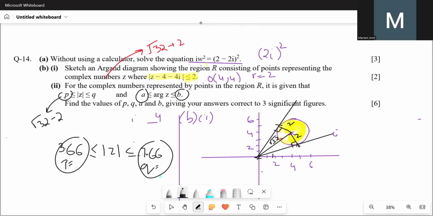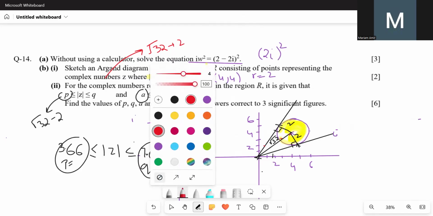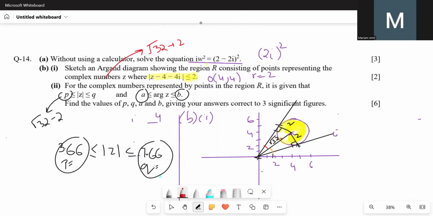Okay, now how do we find the respective angles? We can find both these inner angles, this one and this one, using trigonometry. Let's do that on the side first. For the first one, sine theta is equal to opposite over hypotenuse.